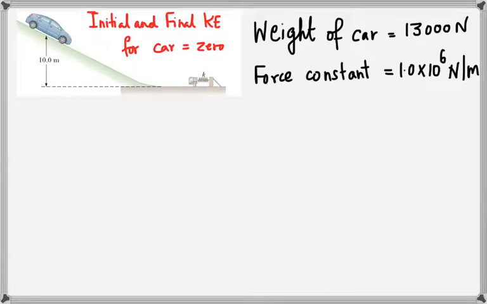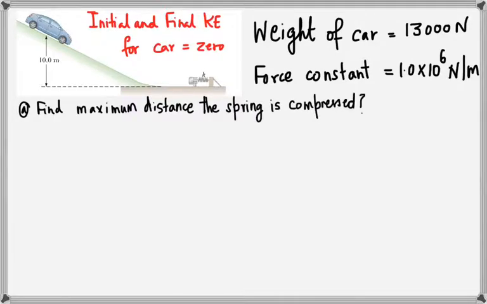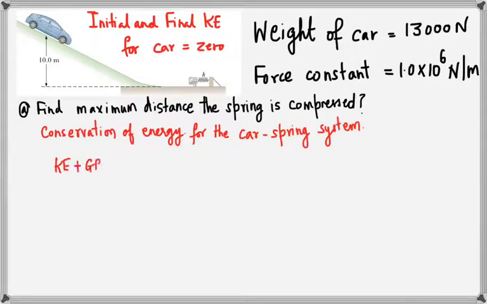The force constant for the spring is given. First step, you want to find the maximum distance the spring is compressed. For this, we will apply conservation of energy for the car and spring system. We write the equation KE GPE EPE initial equals KE GPE EPE final.